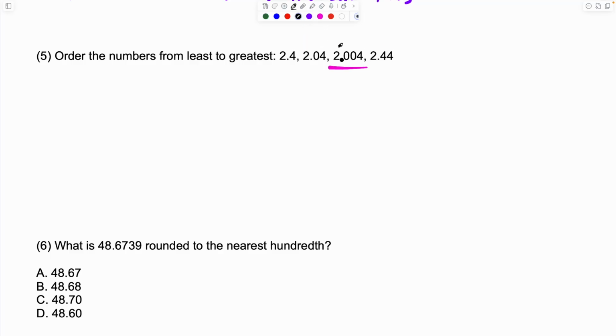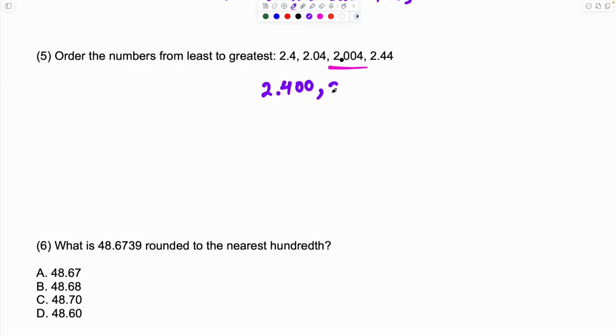So I want to write every other number in the list as a 3-digit decimal. So that first number, 2.4, I'm just going to call it 2.400. Okay, so I'm just going to add 2 zeros at the end. And once again, you're allowed to add as many zeros as you want to the end of a number as long as you're to the right of the decimal, and that number will be equivalent. Okay, so that's just an idea that I'm using.